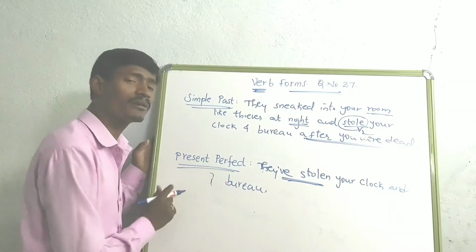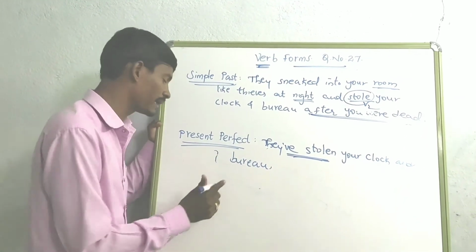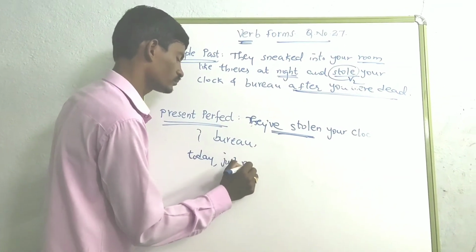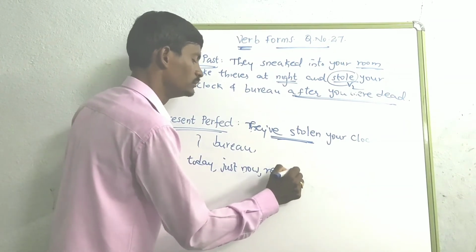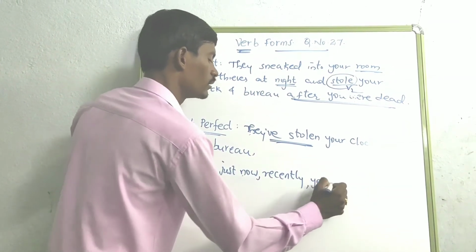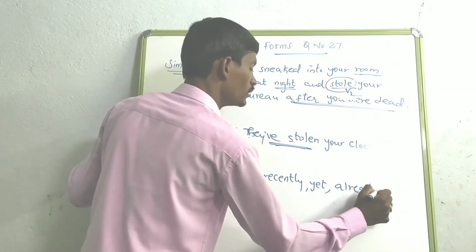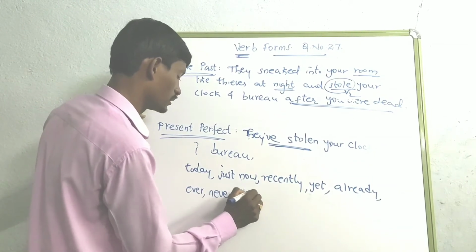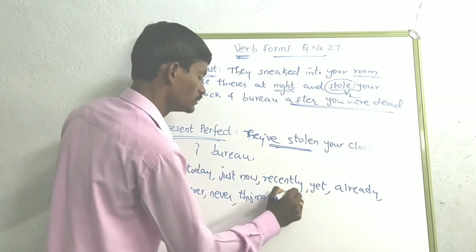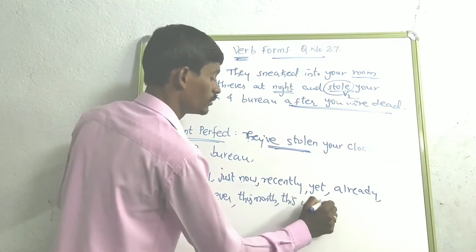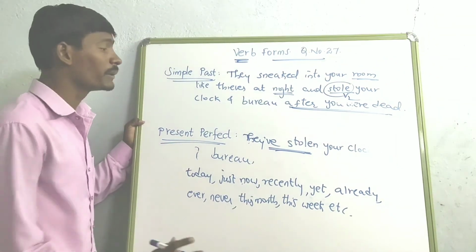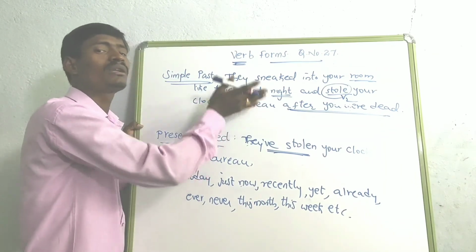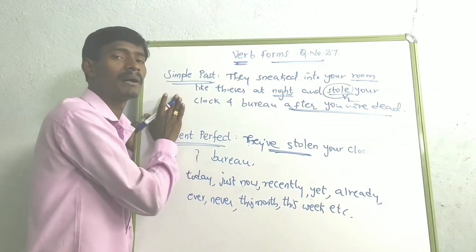Not only that, present perfect is used with the adverbs of present time like today, just now, recently, yet, already, ever, never, this month, this week, etc. Remember, if the time related to the past is given, then you have to use simple past tense.